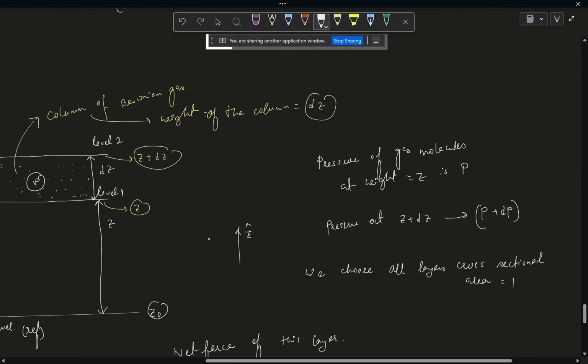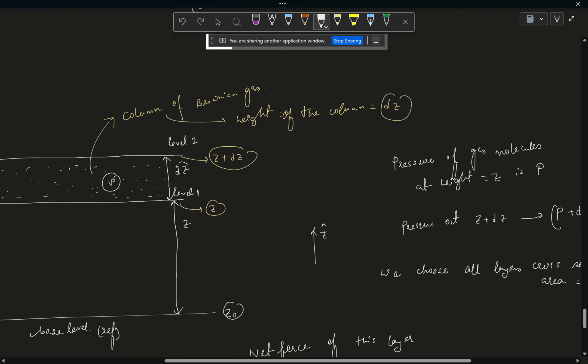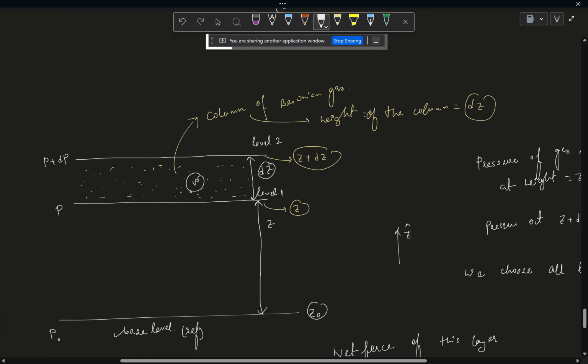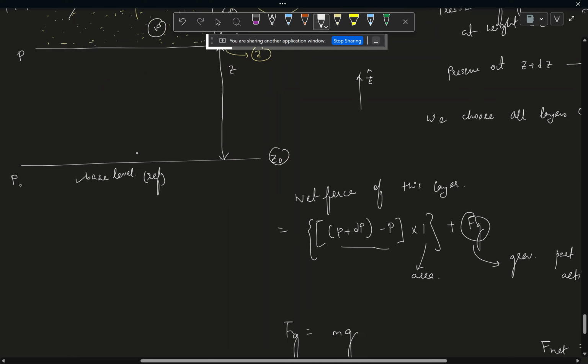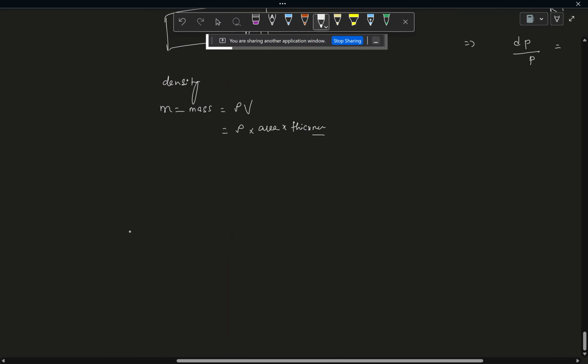For this particular column the height is dz, and the area you are choosing as unity cross section area, so the area is taken as 1. So this is just rho dz.